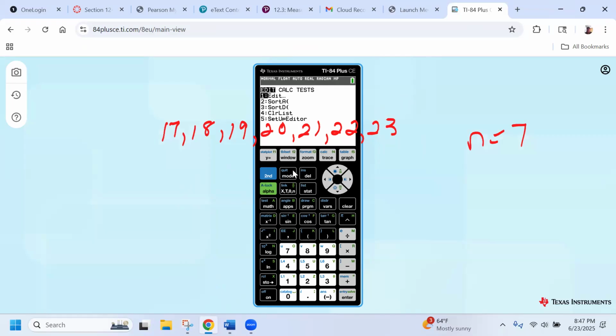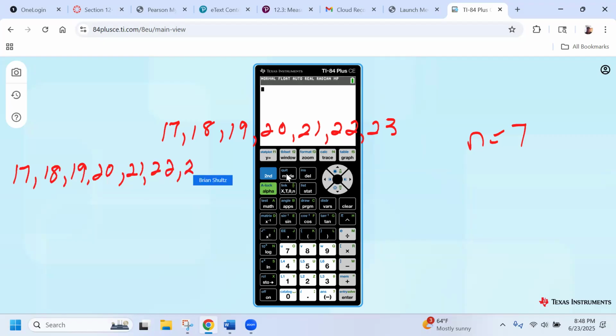We've got these values here, 17 through 23, and they're in the middle of my list. So I'm going to rewrite them over here: 17, 18, 19, 20, 21, 22, 23. Get them off of my screen, and then I'm going to erase over here.